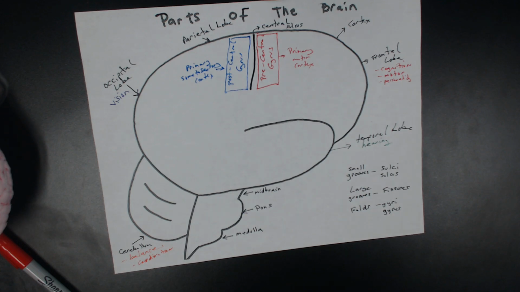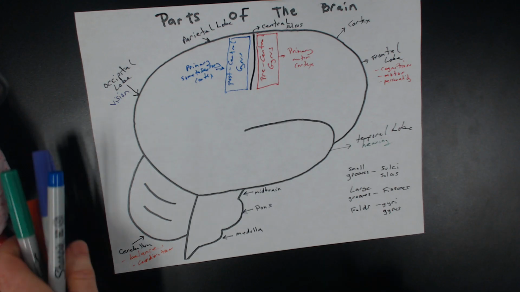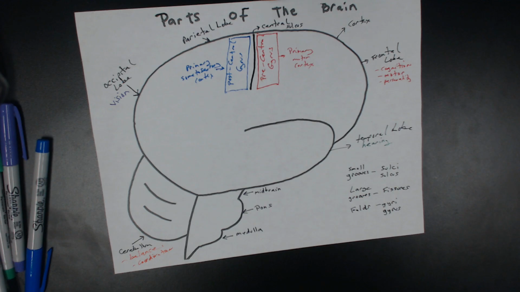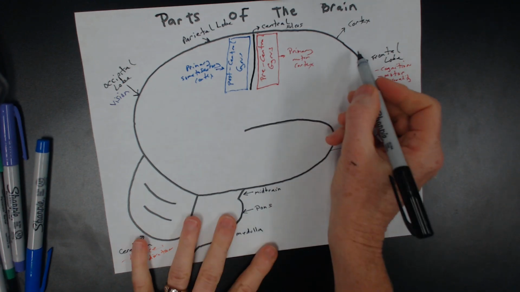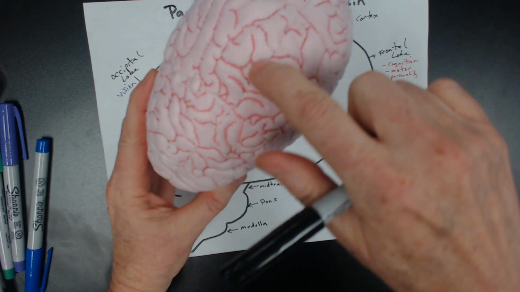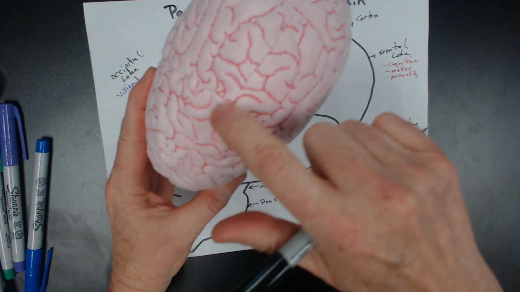Okay. Now, I labeled some of these large fissures, or I talked about one of the large fissures. There's a large fissure here that separates the right and left halves of the brain, and I pointed it out on the stuffy here. So here's this large fissure right here.